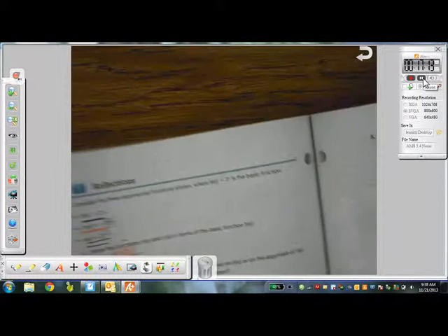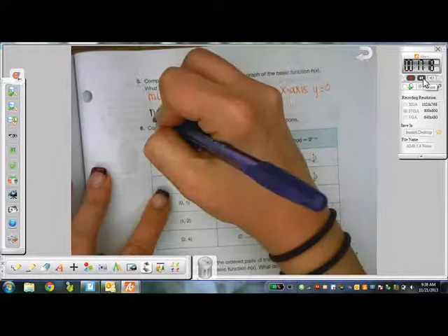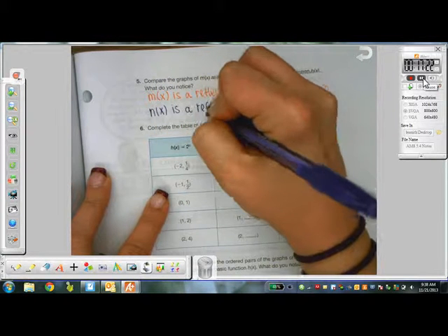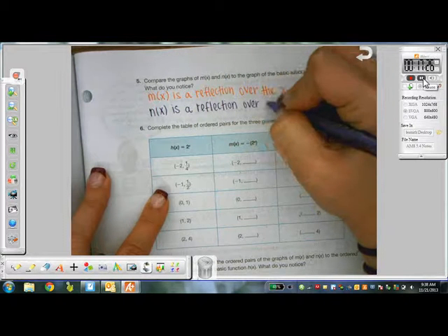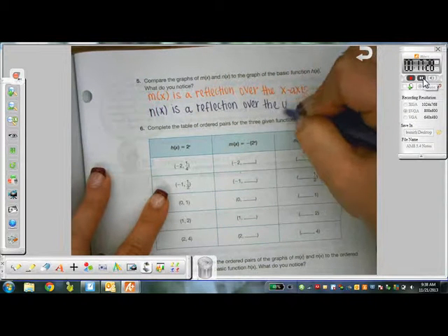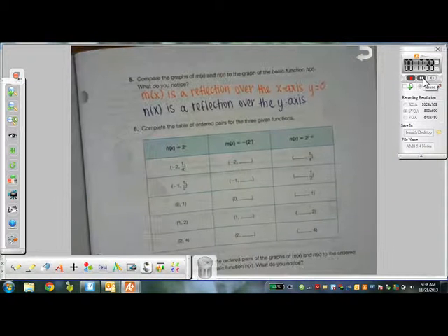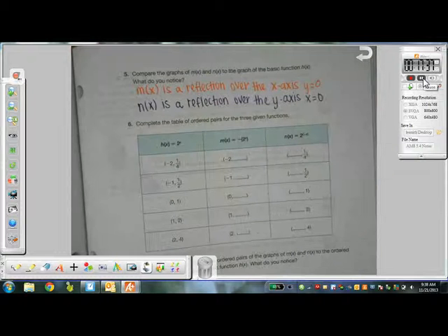So n of x is a reflection over the y-axis. And what's the equation for the y-axis? When I'm on the y-axis, x is equal to what? 0. Okay? So make sure you have those written down in words.